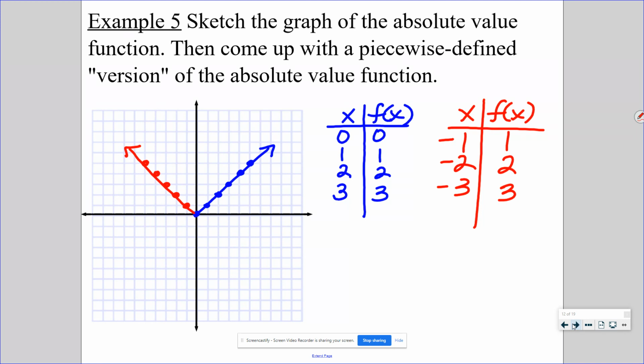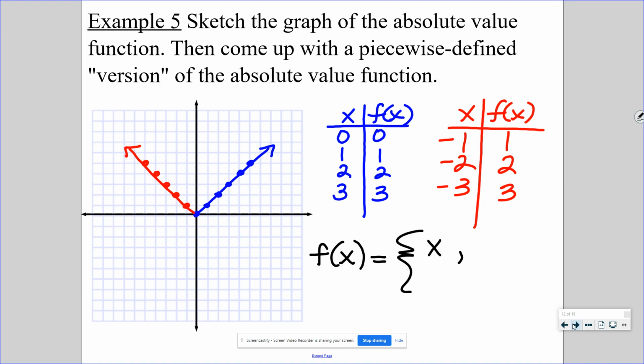What we want to do then is come up with a piecewise defined version of the absolute value function. Well, we have a graph. What I mean is I want to write an equation for this. So the equation would be representing both sides of this V-shaped graph. I'll start with the right side. This right side looks like it has a slope of 1, and it's starting at the origin. So the equation for that would just be x.